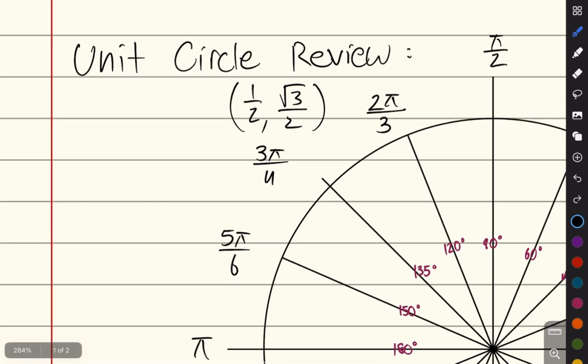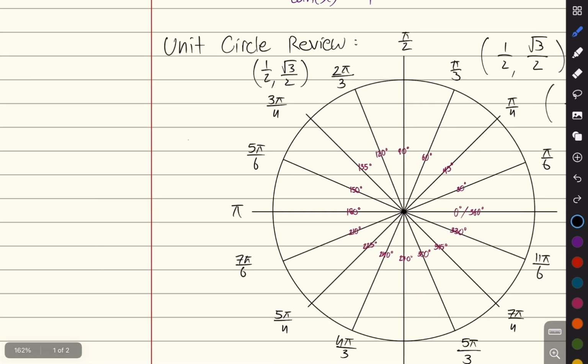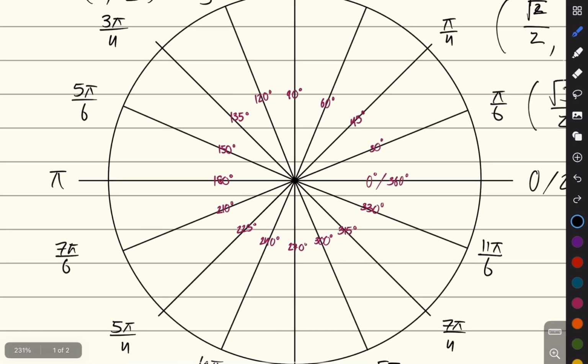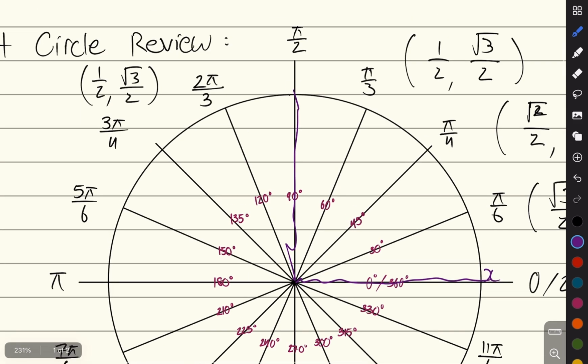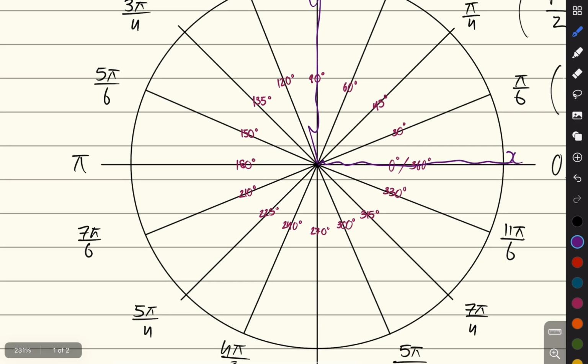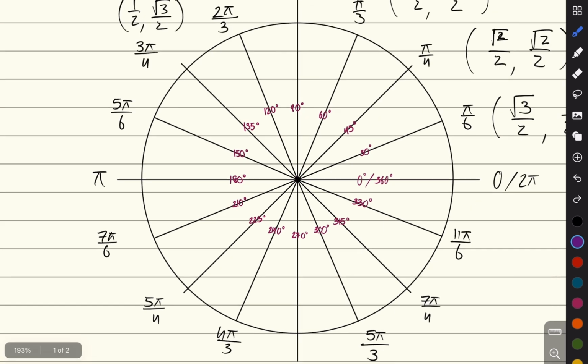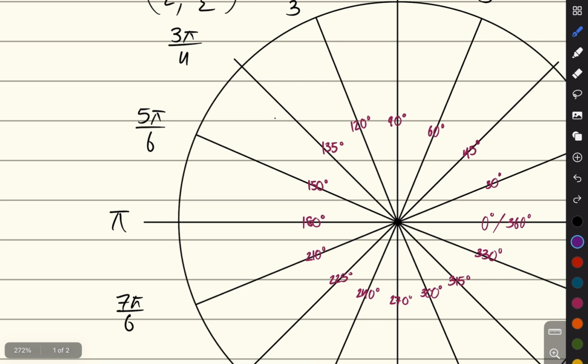And now the important thing to remember is the negatives and positives. We can visualize that by imagining this and this as the x and the y-axis. So now we know where negative x is, which is over here, and we also know where negative y is. So when we do that, we know that the coordinates inside of the second quadrant will be negative, positive.